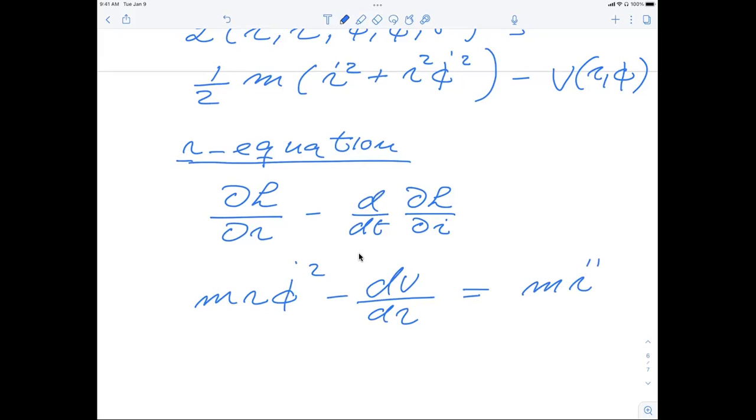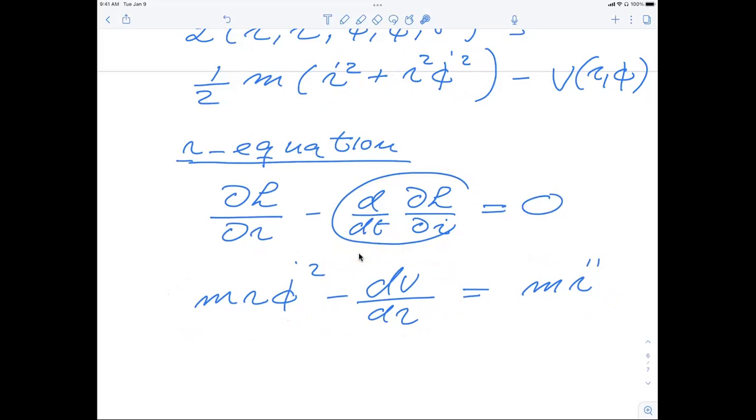And this last term here actually comes from this one, so this one has to be equal to 0. So I take the derivative of this quantity, that gives me this term. There's a factor of r dot squared, and I have a factor of 1/2, so that simply gives me that one when I move it to the right-hand side. And then I have a term from the kinetic energy, which now gives me this one. And finally, there is a term from the potential, which simply gives me this one, minus dV/dr.